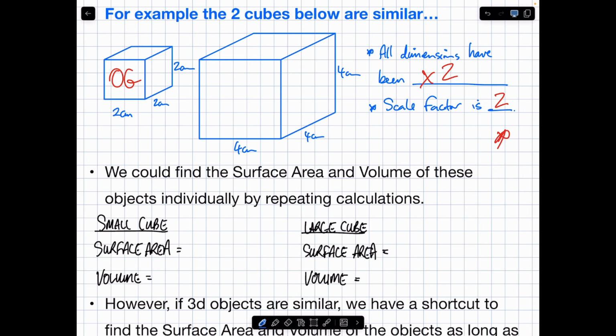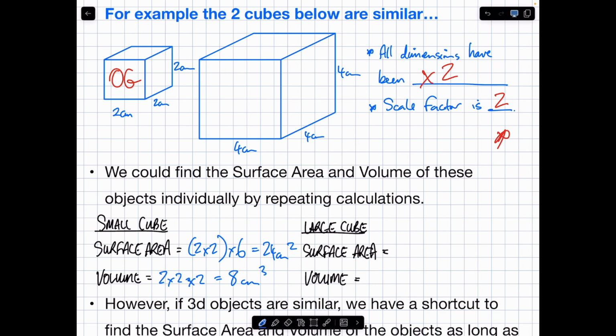So the surface area is 2 by 2 by 6, so 4 times 6 is 24 square centimeters. Last lesson I taught you the volume of a cube is the length times the width times the height. So for the original one, 2 by 2 by 2, which is 8 cubic centimeters.